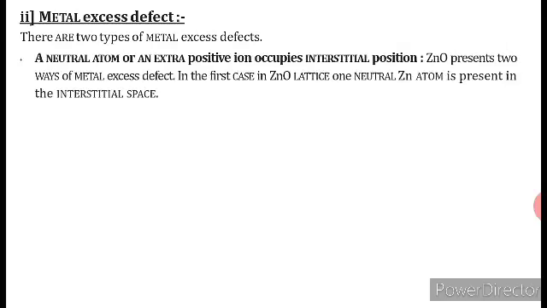A neutral atom or an extra positive ion occupies an interstitial position. An example is zinc oxide. First we will observe the defect generated due to an extra neutral zinc atom present in an interstitial void in the zinc oxide crystal.